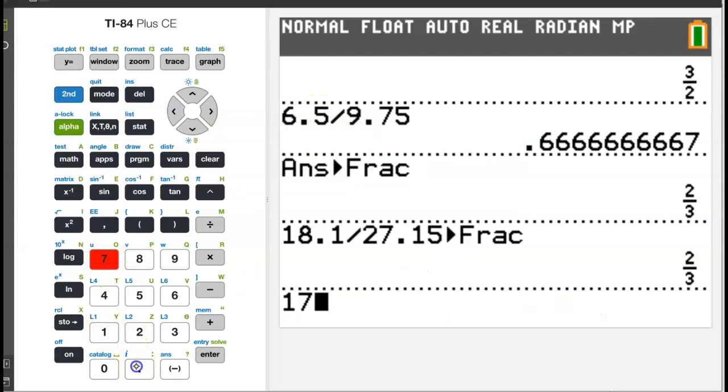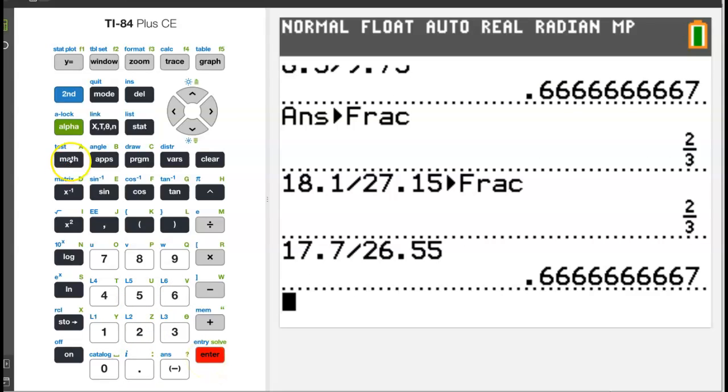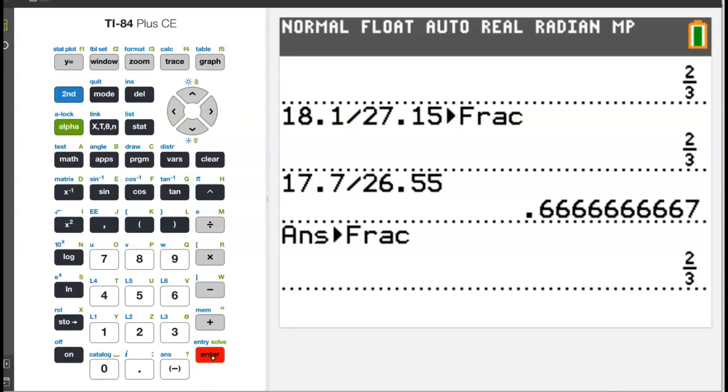So 17.7, and I'm going to divide that by 26.55 and hit enter. Math, fraction, notice I get 2/3. So it doesn't matter which side you use, the proportions are identical, so you get to choose.